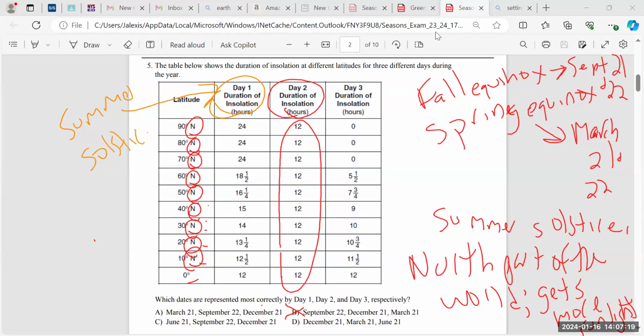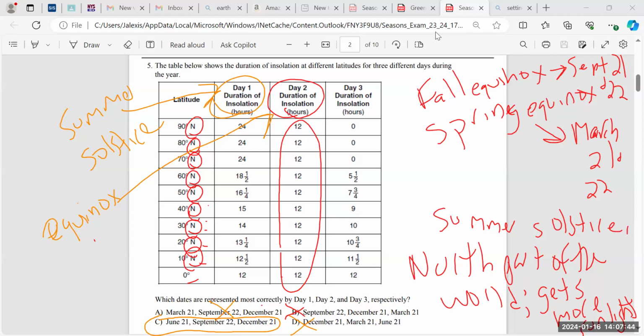All right. And as we said, day 2 definitely has to be the equinox dates, any of the equinox dates. So when I look, the first day has to be the summer solstice. It can't be D because the first day is winter. It can't be A. And so the correct answer is C. All right.